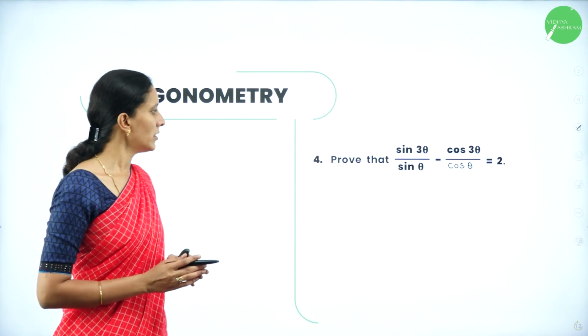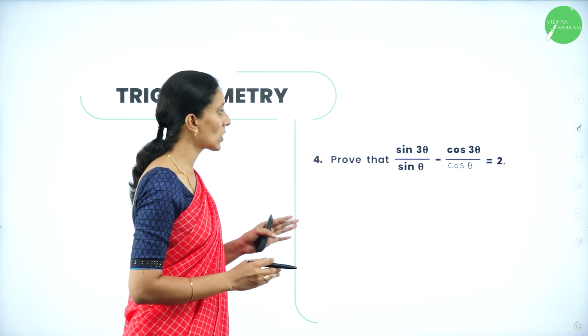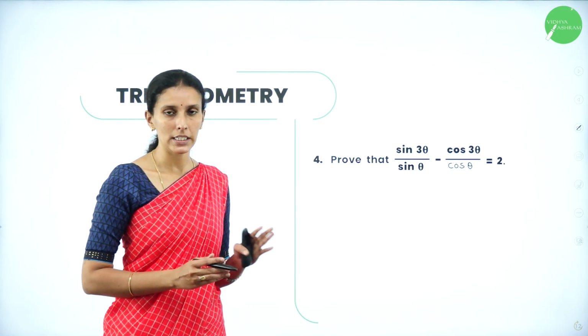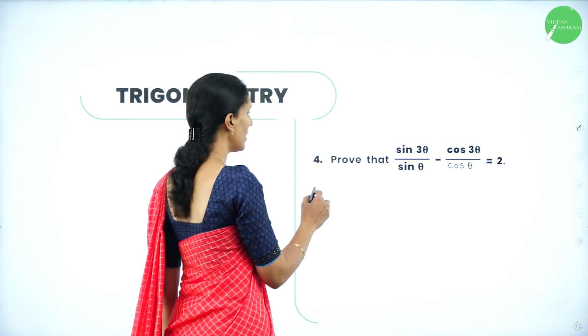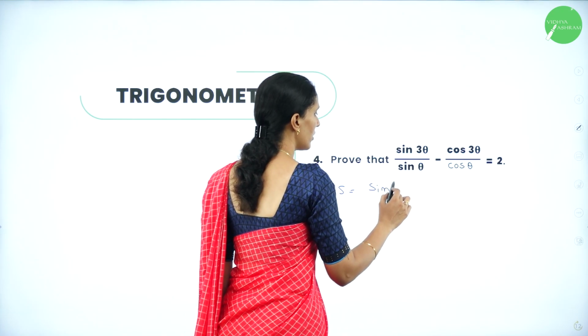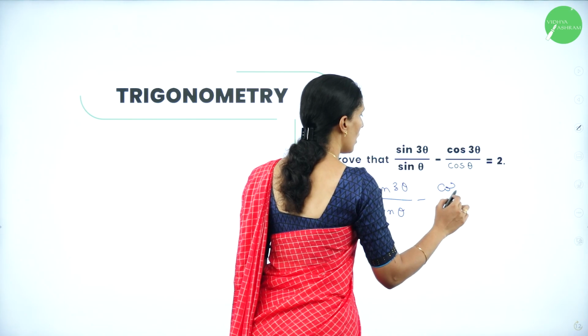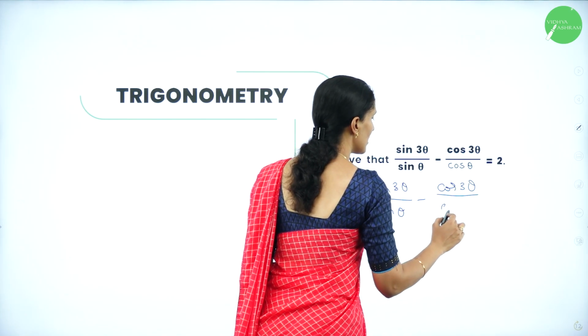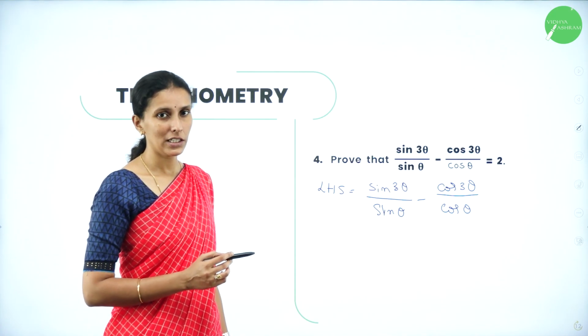So next question, prove that sin 3 theta by sin theta minus cos 3 theta by cos theta is equal to 2. So consider your left hand side part. So LHS is equal to sin 3 theta by sin theta minus cos 3 theta by cos theta. Now you know the formula for sin 3 theta and cos 3 theta.